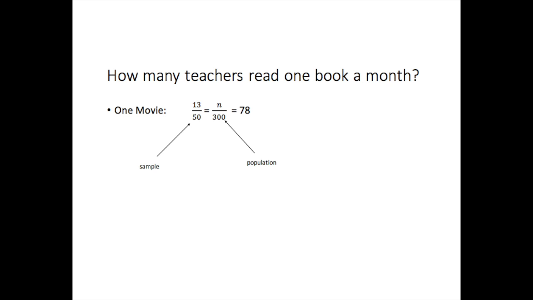So the last part of our problem is finding out how many teachers out of the 300 read one book a month. We use our sample to estimate that. So 13 over 50 is equal to n over 300. We cross multiply and set up our equation, and we get that 78 teachers read one book a month.